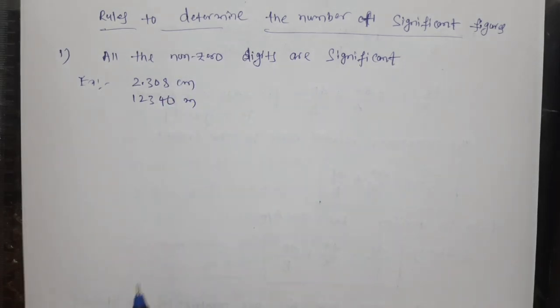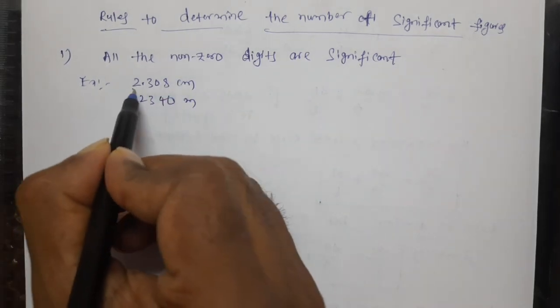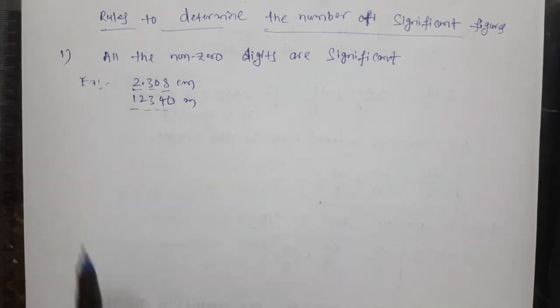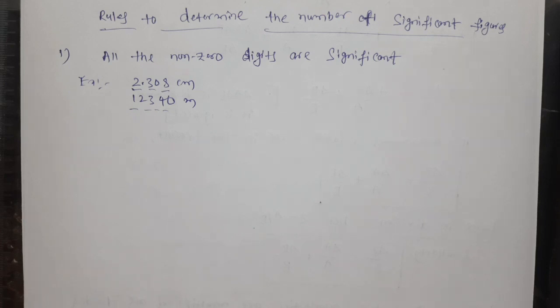So here the non-zero digits, 2 in this number 238, here 1, 2, 3, 4. So all the non-zero digits are significant irrespective of their position, after the decimal point or before the decimal point. Wherever they are, all the non-zero digits are always significant. This is the first one.